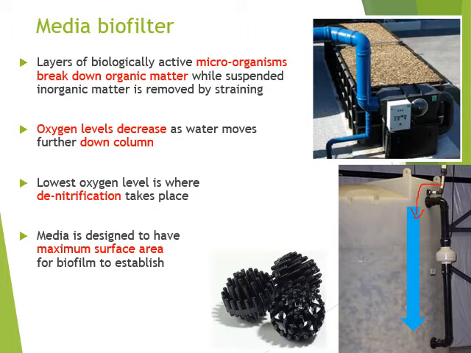In a media filter, it's important to understand that oxygen levels decrease as you move down the column. Oxygen plays a role in denitrification, right? So this particular indoor one, it's not very large. The water's not in there for that long. You're not going to see a lot of nutrient denitrification. But in the context of a recirculating hydroponic farm, we're reusing the nutrients anyways.